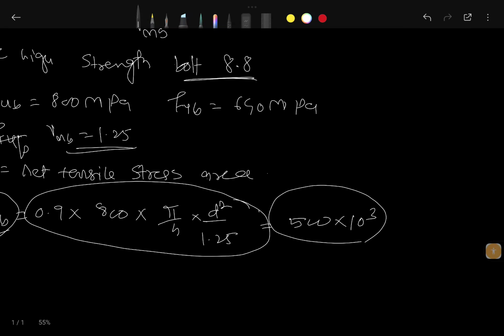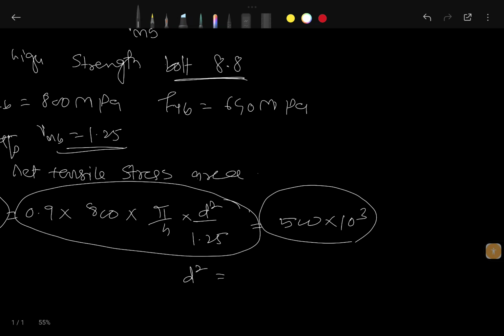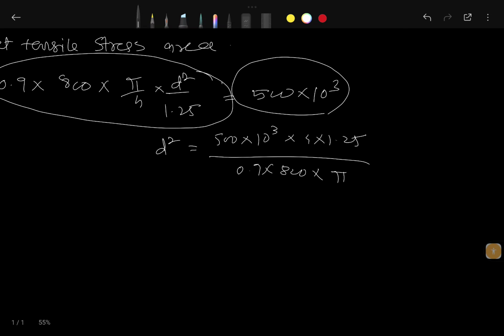So we put all the values here. d square is equal to 500 into 10 to the power 3 into 4 into 1.25 divided by 0.9 into 800 into pi. So we get d is equal to 29.7 mm.